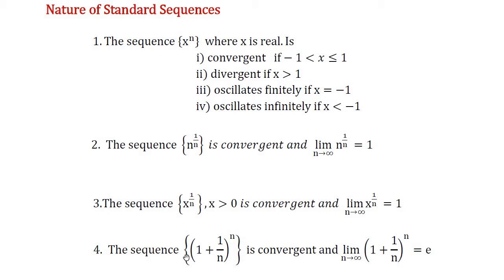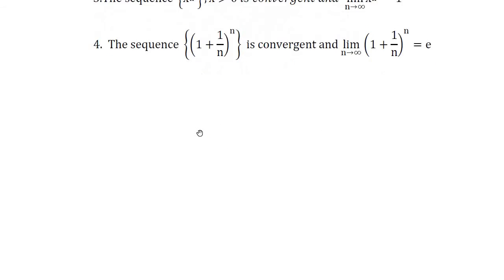And the sequence (1 plus 1 by n) whole power n is convergent and limit of (1 plus 1 by n) whole power n as n tends to infinity is equal to e. By using these four standard sequences, we solve some problems.